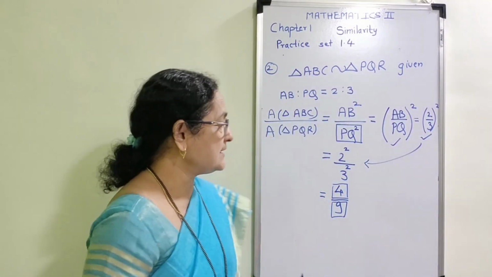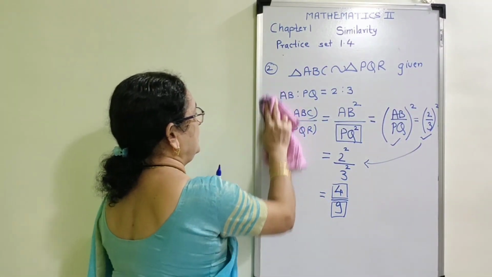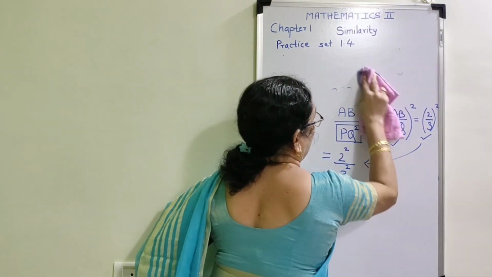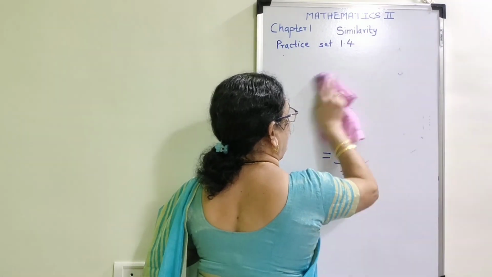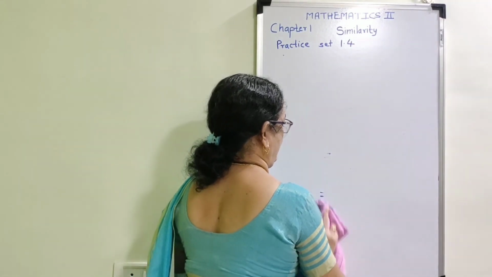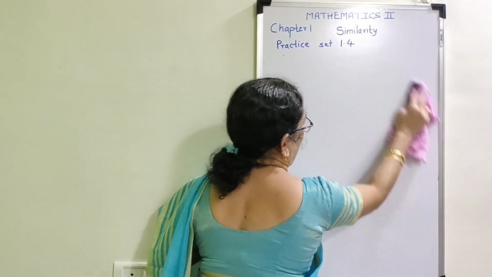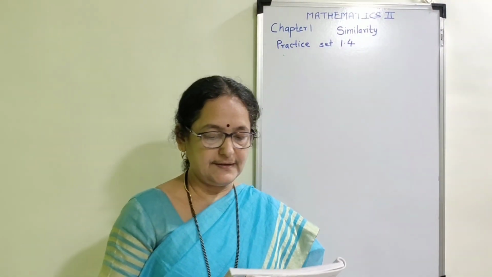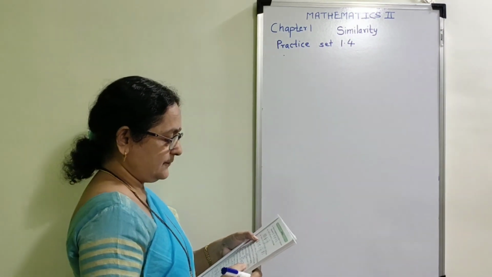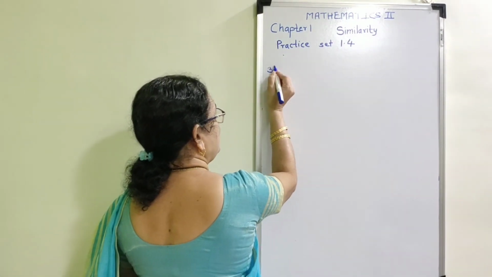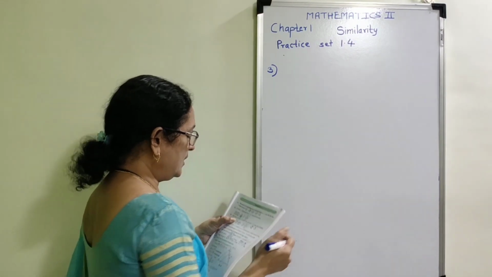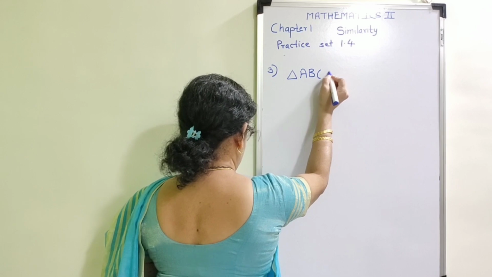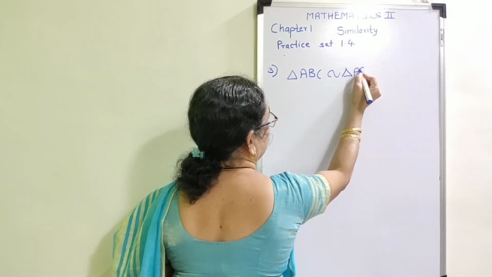Now, let us consider example number 3. Now, here also one activity is given. I am going to write first of all the given things. Third example from practice set 1.4. First thing they have given that triangle ABC is similar to triangle PQR.